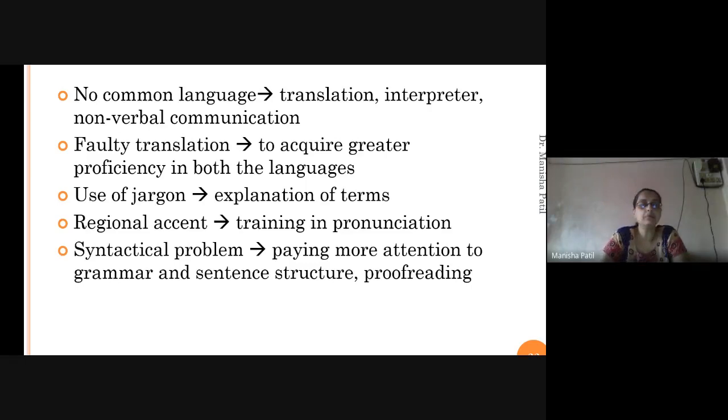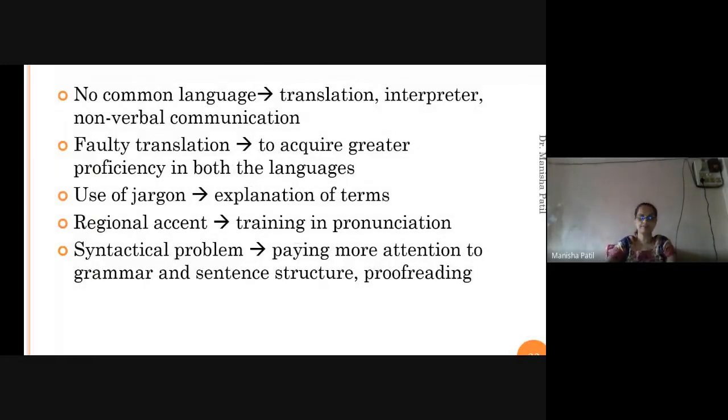Next, syntactical problem. You have to pay more attention to grammar and sentence structure. And finally, you have to do proof reading. Once you have written everything, you have to check it again whether there is any mistake. Please note down all the points.